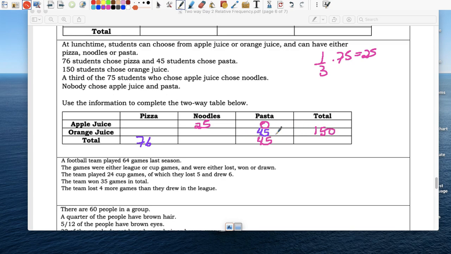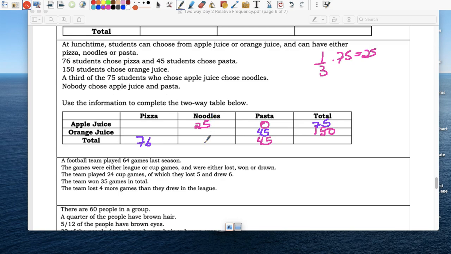A third of the students who chose apple juice chose noodles. And then it says apple juice. A third of the 75 students who chose apple juice. There were 75 students who chose apple juice, and a third of them chose noodles.